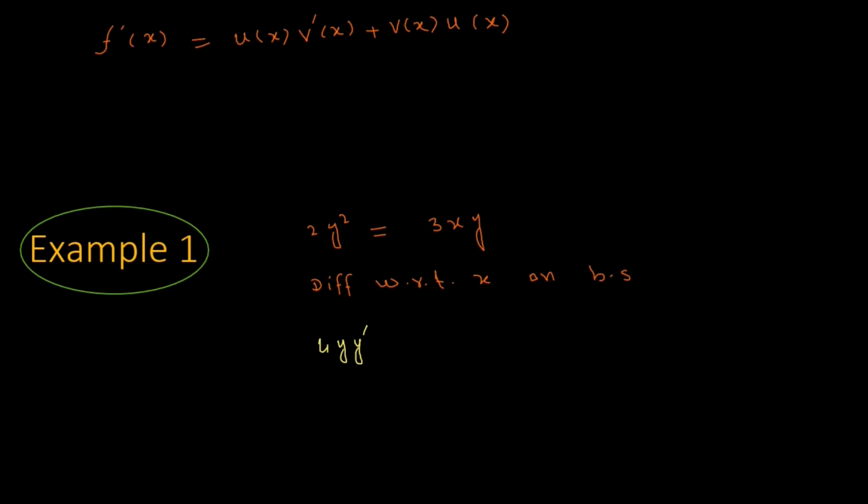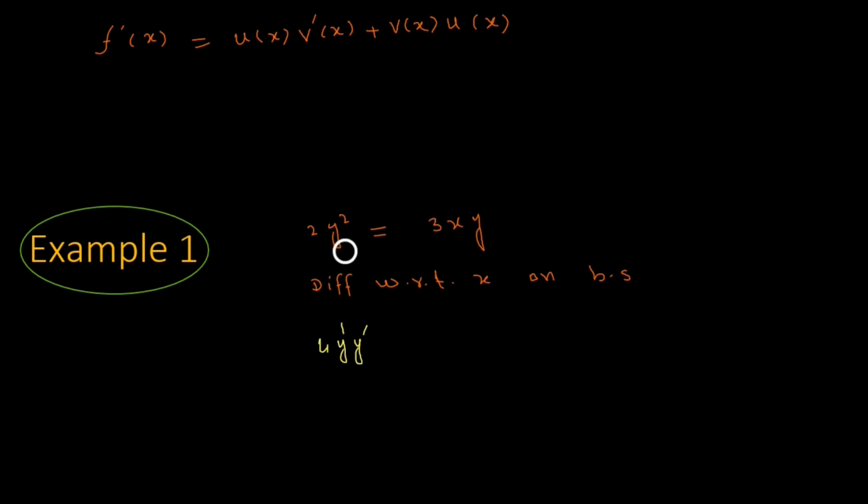Once again 2 will be multiplied with 2, it will be 4, and when we subtract 1 from 2 it will be 1. No need to write 1 over here because the power is 1. Since we are taking the derivative with respect to x, we take the derivative of y with respect to x, which will be y prime.